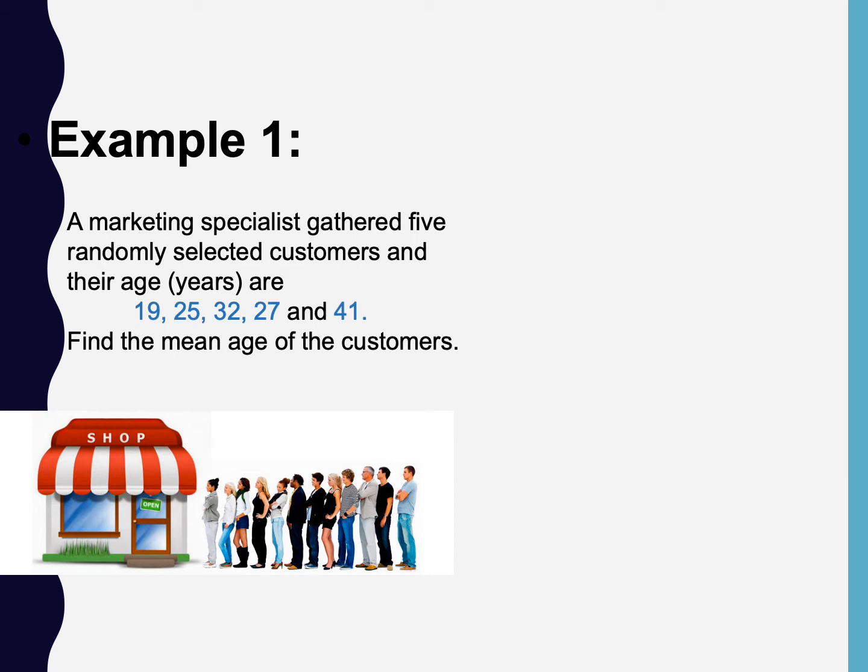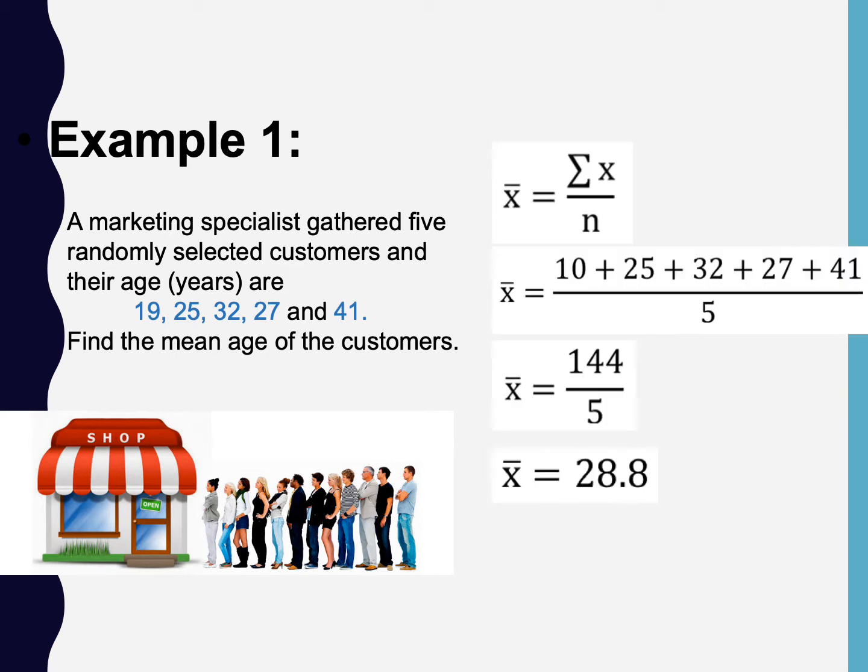In this case, since you are gathering 5 randomly selected customers, you are doing a sample mean. Getting the average of the data that you have collected, the arithmetic mean or the sample mean is equivalent to 28.8. It means that the mean age of customers is 28.8 years.